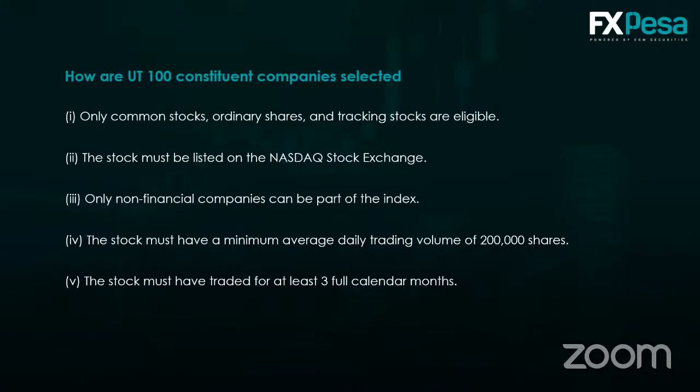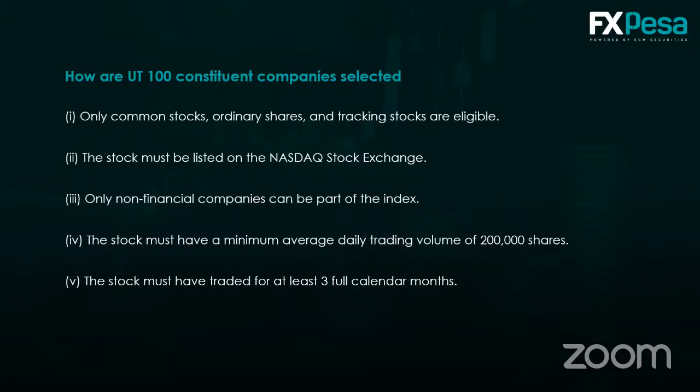So how are UT 100 constituent companies selected? Or what determines which companies are going to be enlisted in the index? So the first thing is that these companies can only be common stocks, ordinary shares, and tracking stocks.